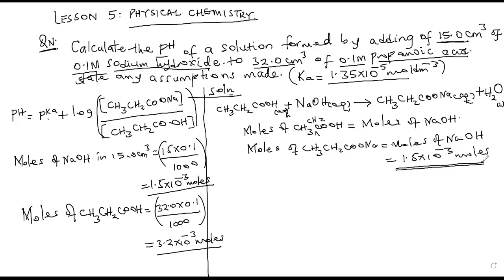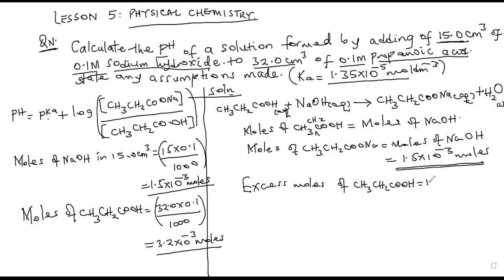After getting that, we shall look for excess moles of propanoic acid. Excess moles of propanoic acid are going to be equal to original moles minus those that reacted. All right.